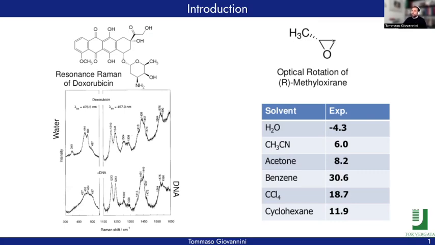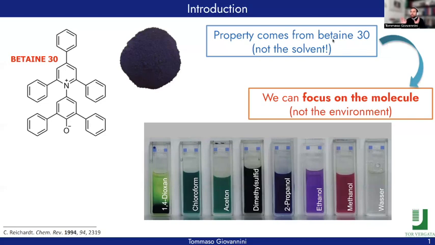Okay, I think that all these examples can play a role in understanding why, if you take a molecule, a chromophore, and you embed it in an external environment, the property still comes from the chromophore. In this case, the property comes from the Betaine-30. So we are always looking at the transition of Betaine-30. Okay. But what is important is that the environment affects but does not determine the property of the solute.